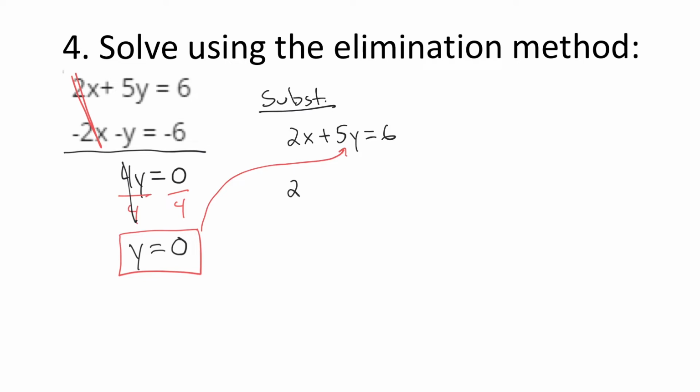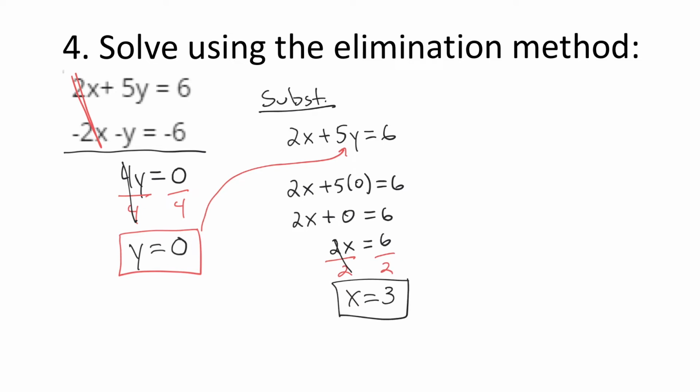So we have 2x plus 5 times 0 equals 6. And you guys solve for x. So 2x plus 5 times 0 is 0 equals 6. I don't need that 0 because 0 is nothing. So 2x plus 0 is just 2x equals 6. You guys divide by 2 and we get an answer of x equals 3. 6 divided by 2 is 3.